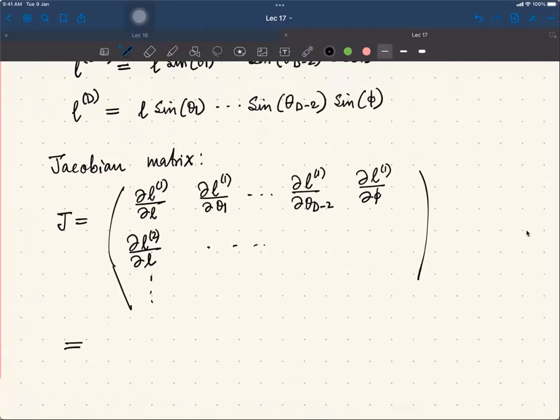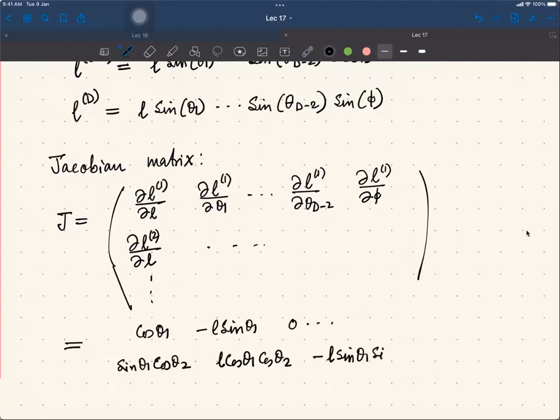These results can be easily calculated. Cosine theta 1, minus L sine theta 1, then sine theta 1 cosine theta 2, L cosine theta 1 cosine theta 2, minus L sine theta 1 sine theta 2, then 0 and so on.